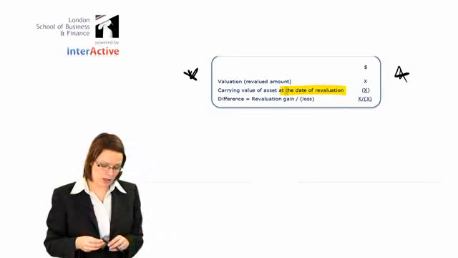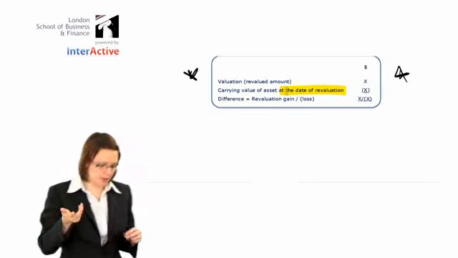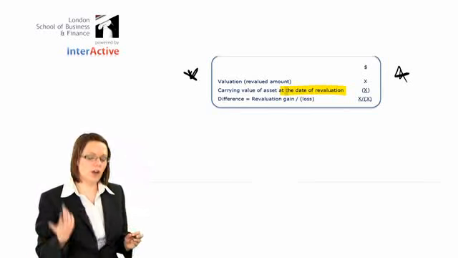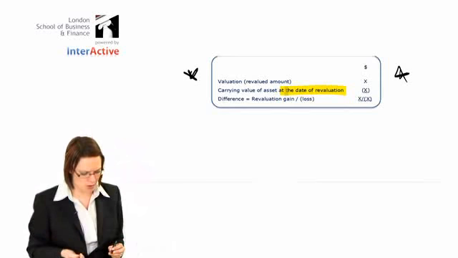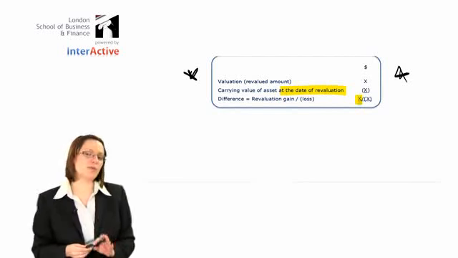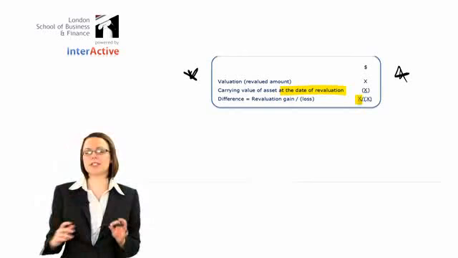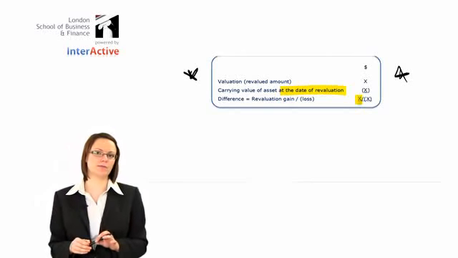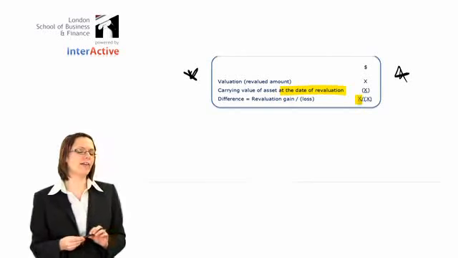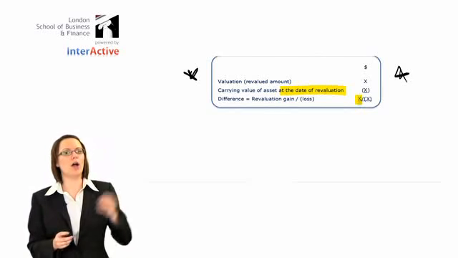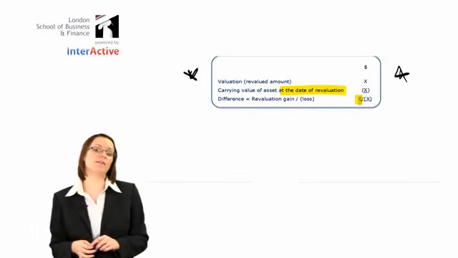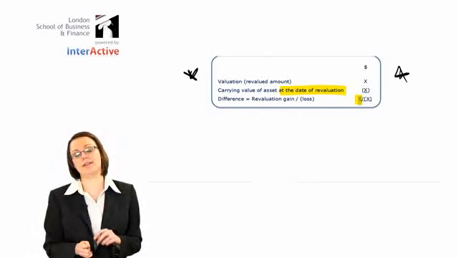All right. Now, the difference then will give you a revaluation gain or indeed loss or an impairment. That gain is what we're interested in, that positive figure that drops down the bottom. You've got a gain on the carrying value of that asset because its fair value or market value is a lot higher than its carrying value.